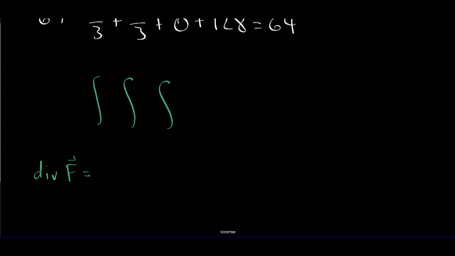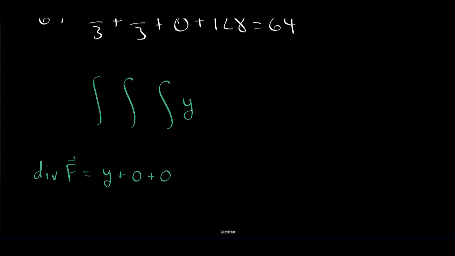So the partial with respect to x of the first part, I get a y. And then the partial with respect to y of the second part, I get a 0. And then the partial with respect to z of the last part, I get a 0. Now that's what the divergence is, and in a minute I'm going to summarize that. But suffice it to say now we get a y when we find the divergence of f.